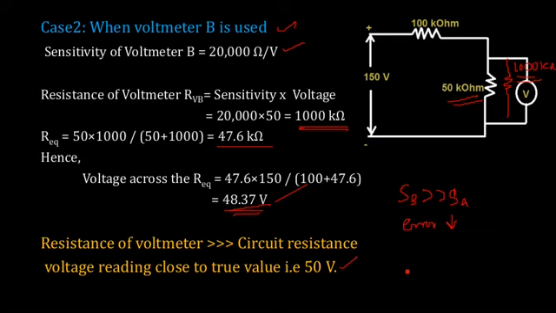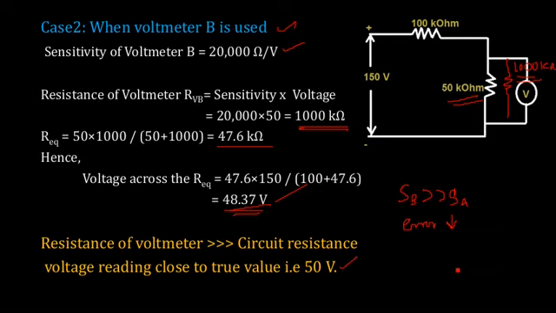In such a way, we can reduce the loading effects. Loading effect is simply that you are connecting a voltmeter, and this voltmeter in turn affects the properties of this circuit, that is, by altering the resistance of this circuit in this example.